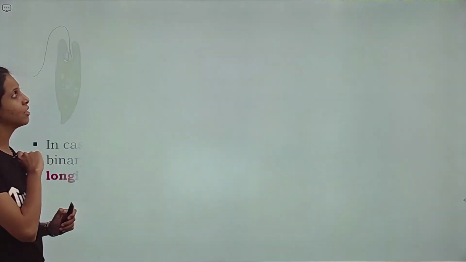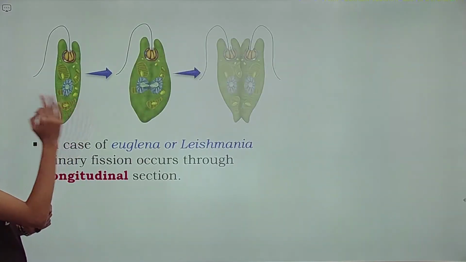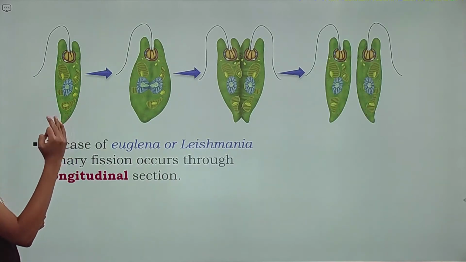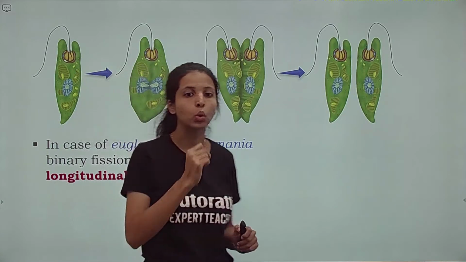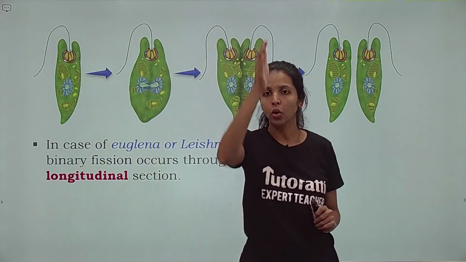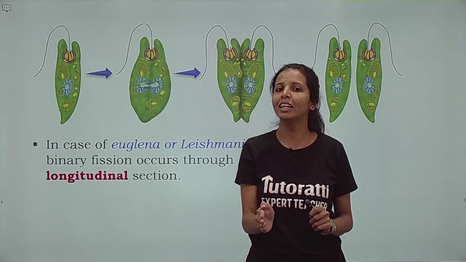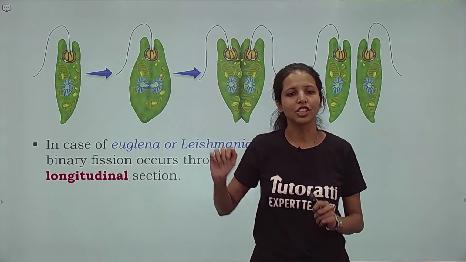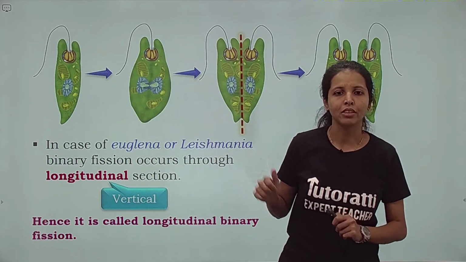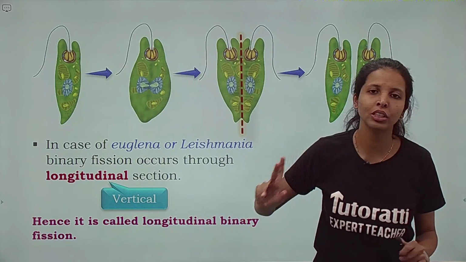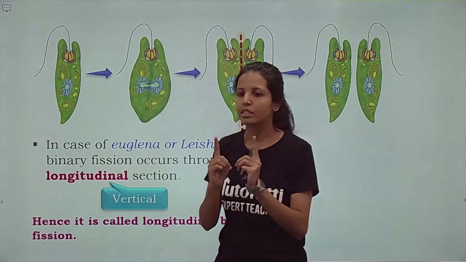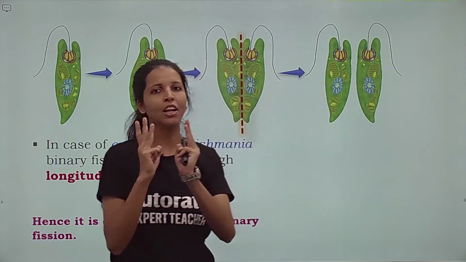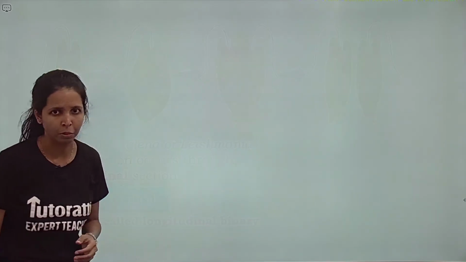Next, in case of Euglena or Leishmania, binary fission occurs through a longitudinal, vertical, or standing line section, and that is why this is called longitudinal binary fission. So there are three types you should know of: simple, transverse and longitudinal. Okay, good.